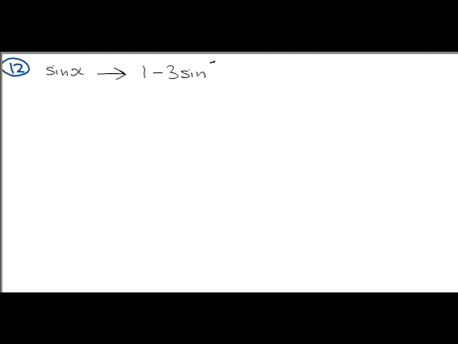Now, remember that you want to take out the 2 here, so you get 2x plus pi on 2. The reason you want to do that is because you want to separate. In this form, it's easy to see the transformations that occur. So you see that here, the 2 means a dilation, and that pi on 2 is actually a shift. If you had just 2x plus pi, you wouldn't be able to tell.